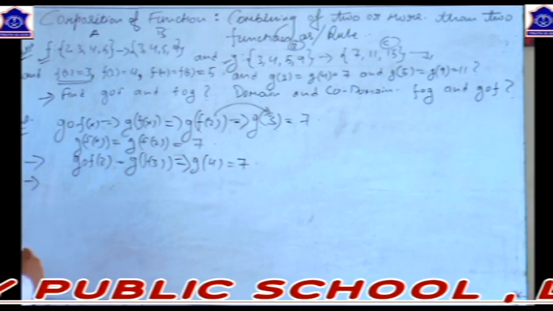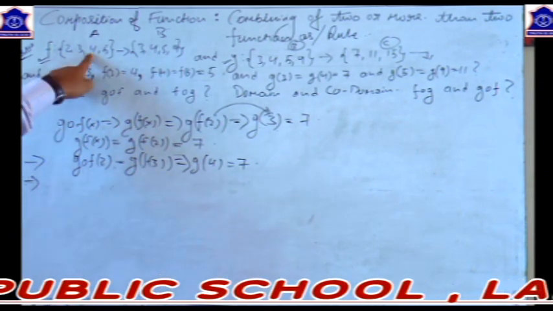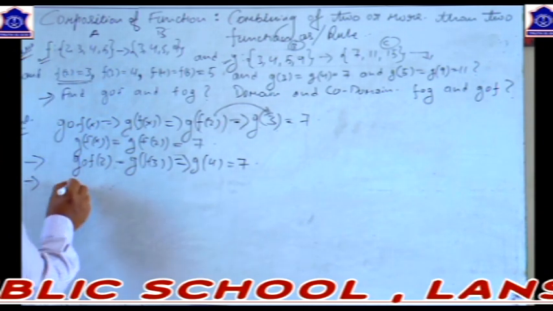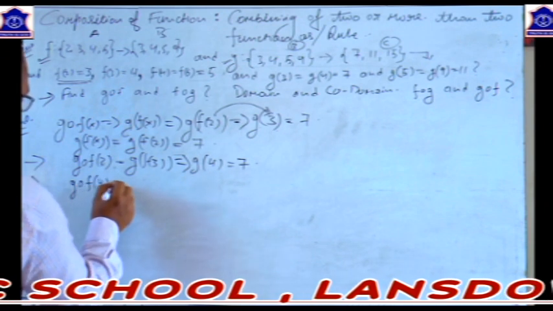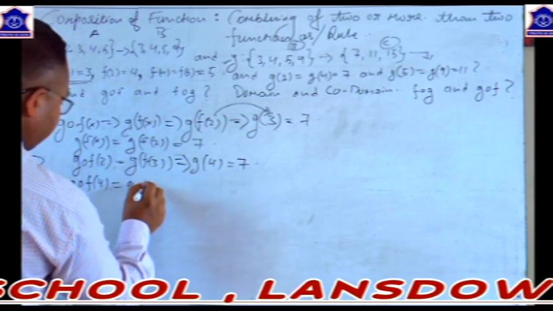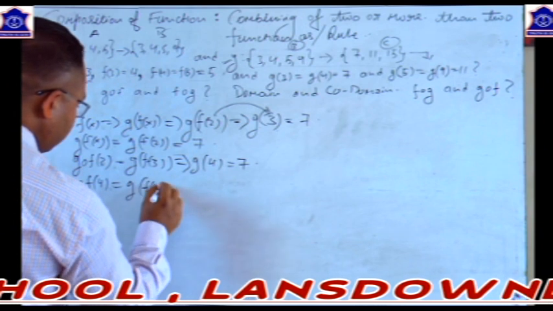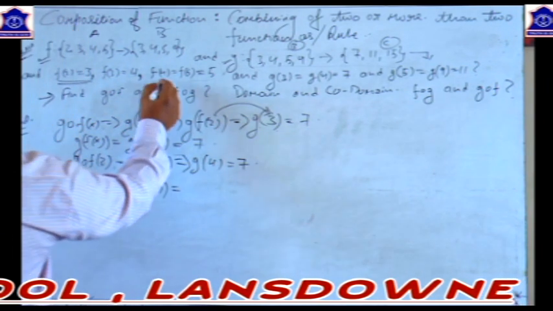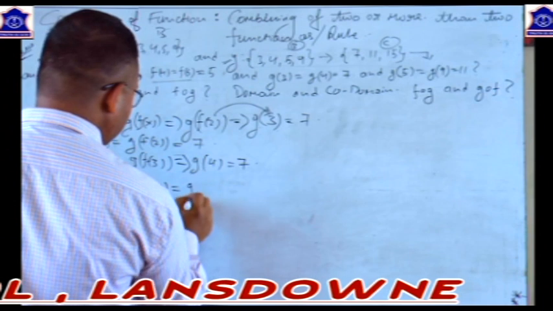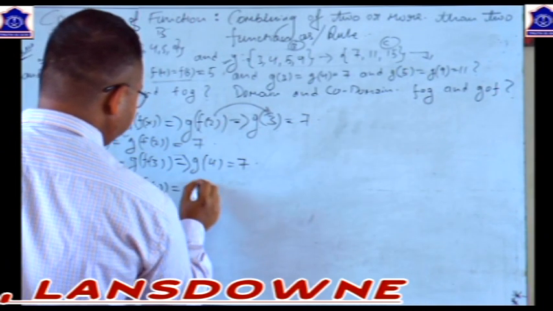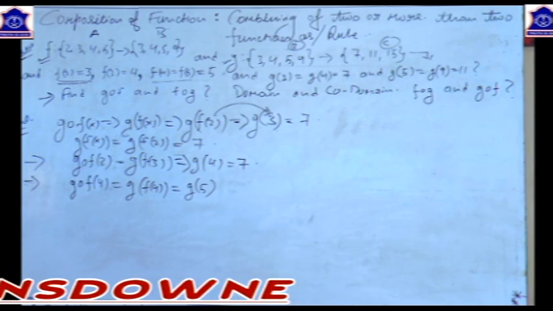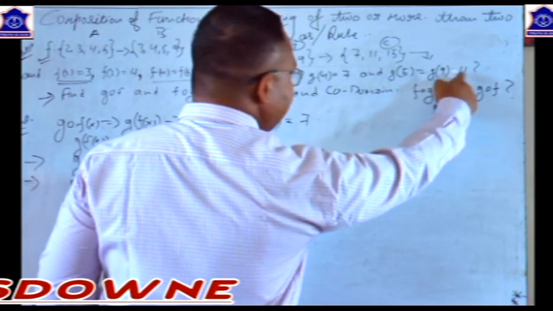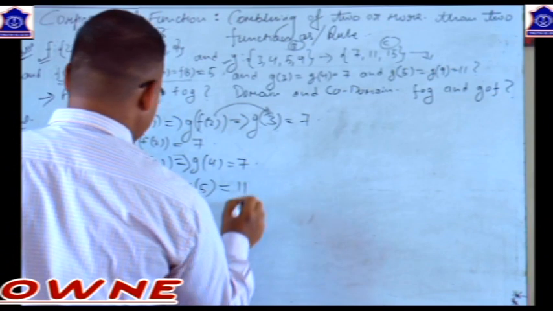Okay, checking for the next element, the third element of function f, g of f4 equals g of 5, since the value of f4 is 5, and the value of g5 is 11.